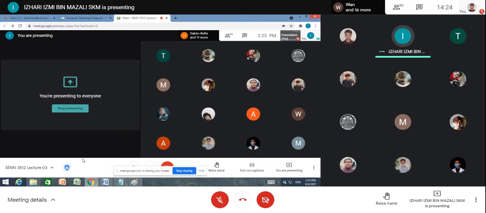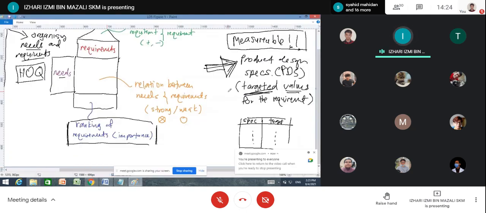And one more thing, the design specification, which I said just now, you should already, to a certain extent, have it, and then you have to submit it. But after 2 weeks from now, even until the end of the course, it doesn't mean you cannot change the value of the target or even the description of your specification.